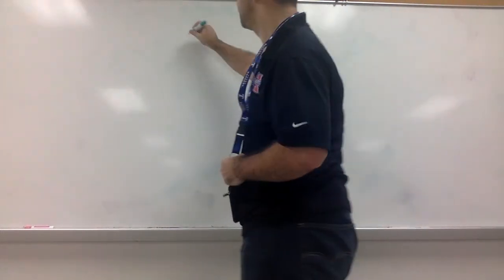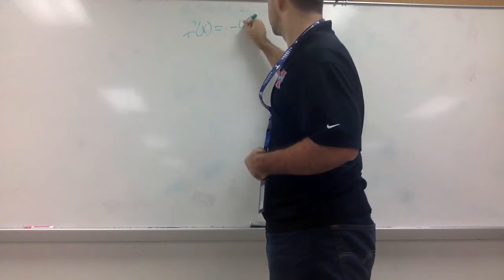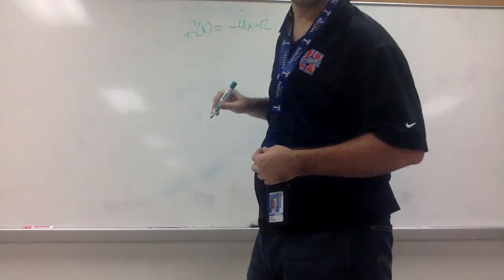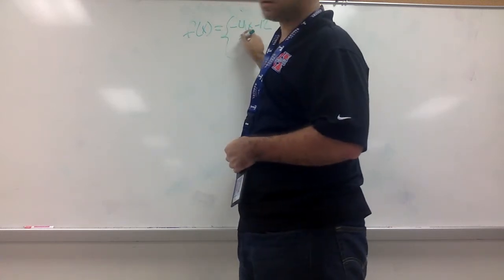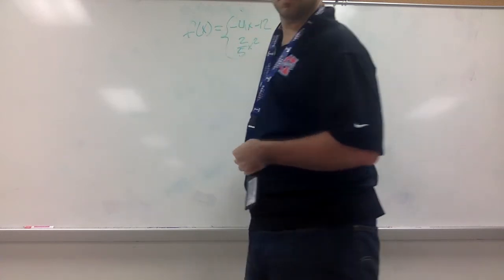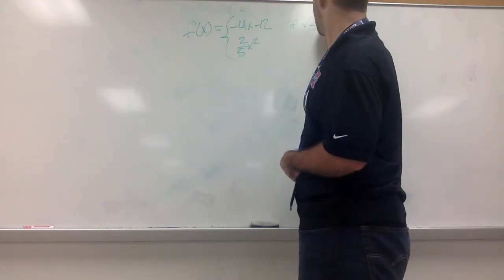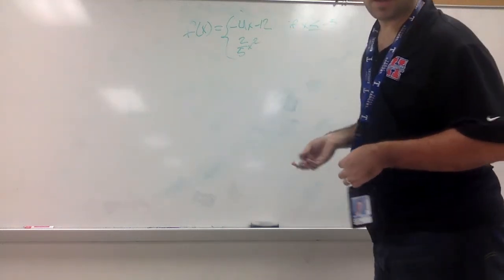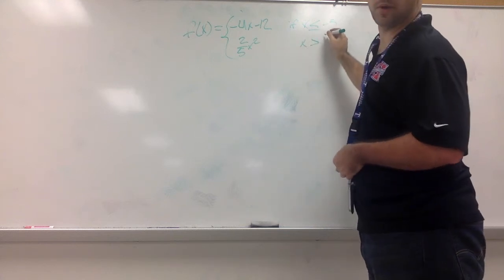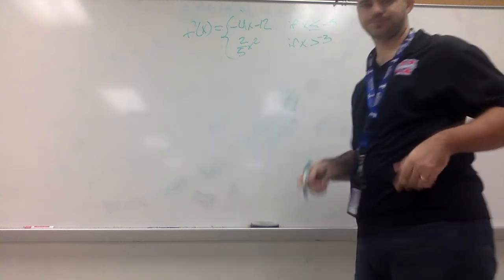All right, you've got a piecewise function here. So we've got two different rules. If x is less than or equal to -3, we follow this rule. If x is greater than -3, we follow this rule.